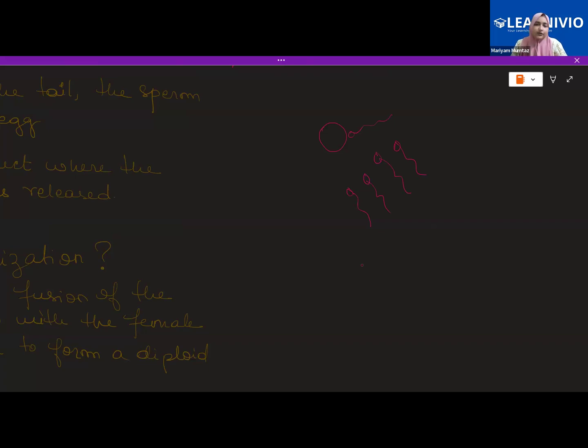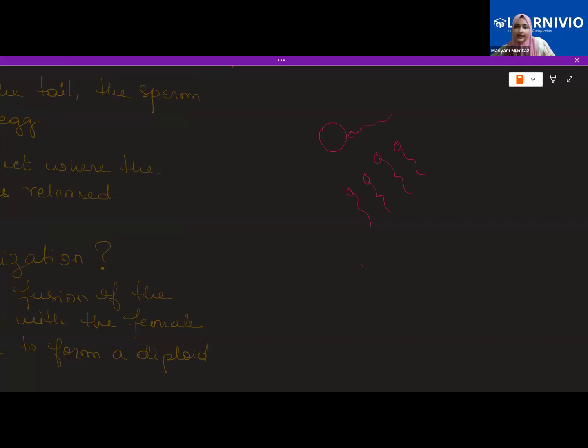Meaning, you know that there's a nucleus in the sperm head and there's a nucleus in the egg. So the nucleus of the sperm and the nucleus of the egg fuse to form a diploid zygote. Yeah? What if two sperms join?